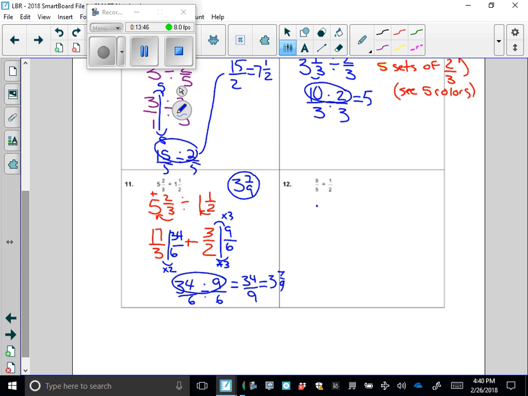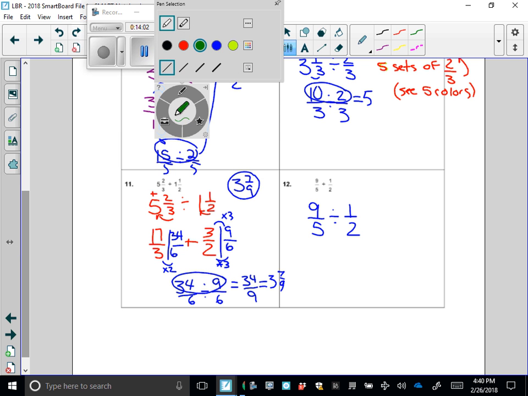And then this last one, 9/5 divided by 1/2. 1/2 is smaller than 9/5, so your answer should be greater than 1. Common denominator here could be 10, multiplied by 5 and by 2.